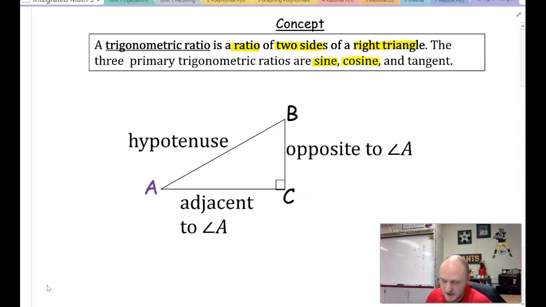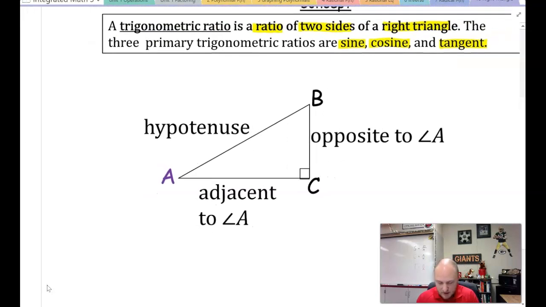Good. Can you say cosine? And can you say tangent? Awesome. So if I am working with a right triangle, and here is a right triangle, I know that this angle is 90 degrees because of that little box in one angle in the corner.